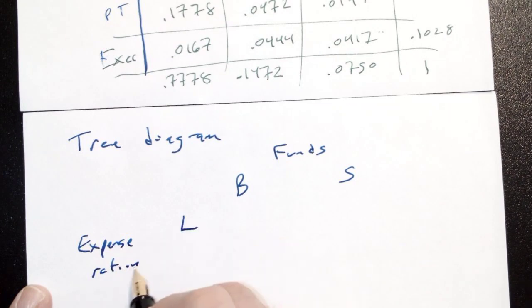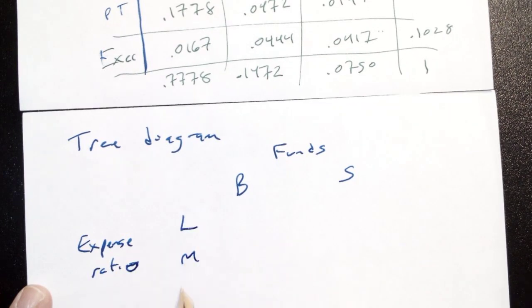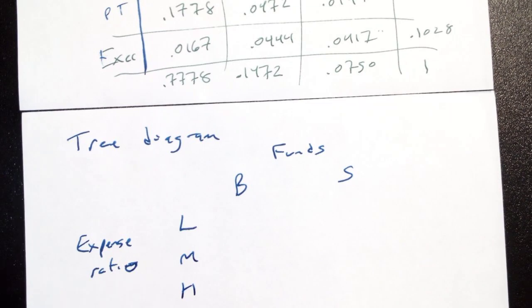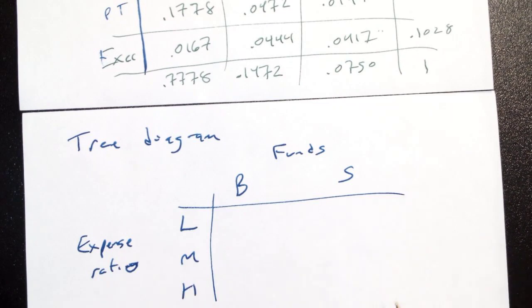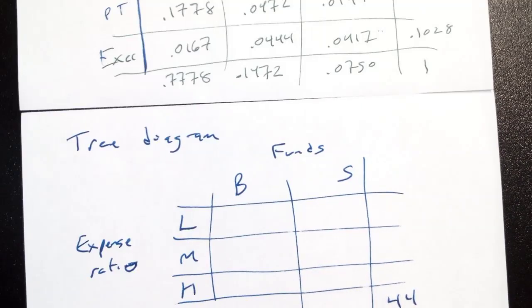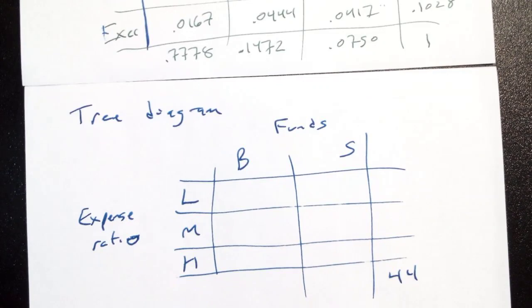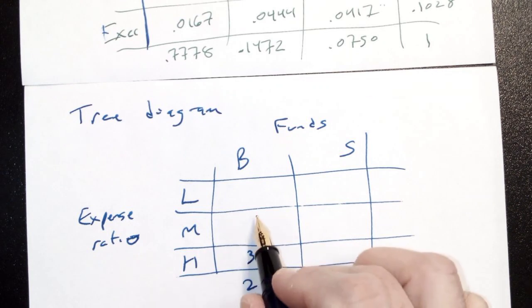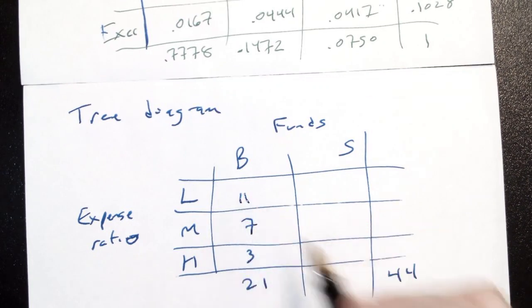Is this a low expense, a medium expense, or a high expense fund? And we surveyed 44 funds. There are 44 total in here. Out of the bond funds, there were 21 bond funds. 3 were high, 7 were medium, and 11 were low.